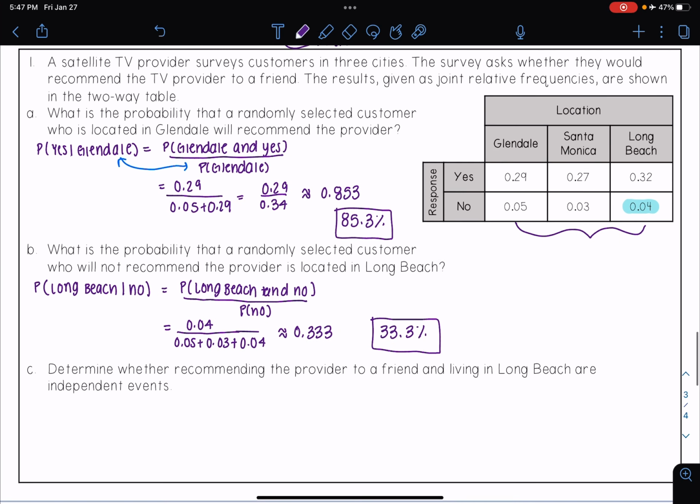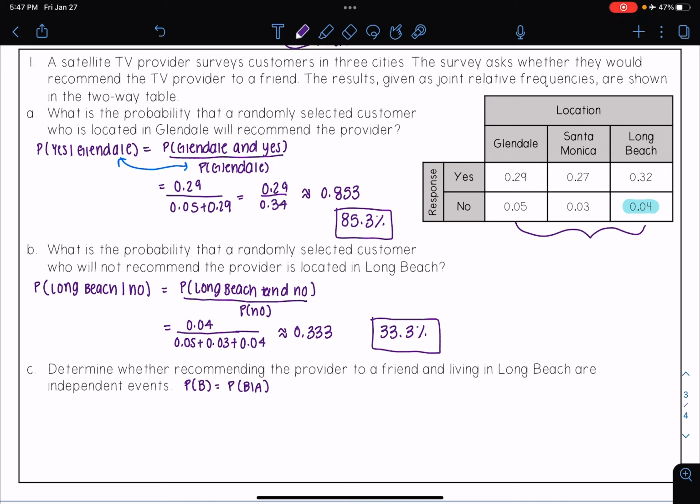Okay, and then the last part asks, determine whether recommending the provider to a friend and living in Long Beach are independent events. For this, we need to remember the formula: the probability of B is equal to the probability of B given A. If that is true, then those events are, in fact, independent events.